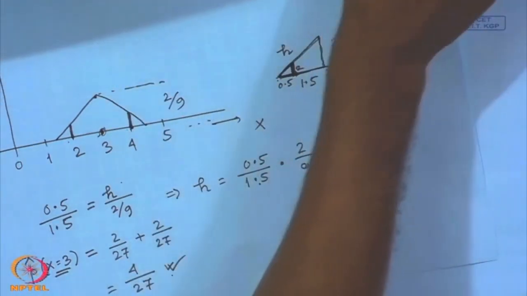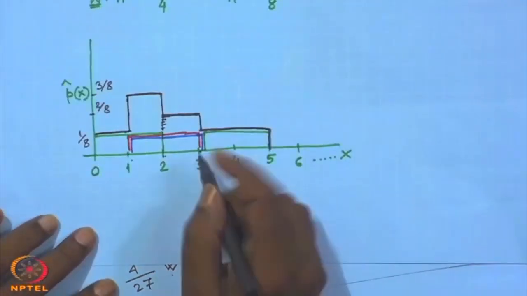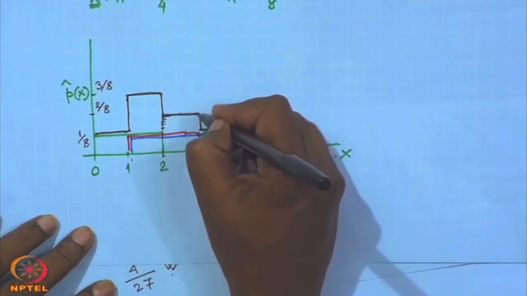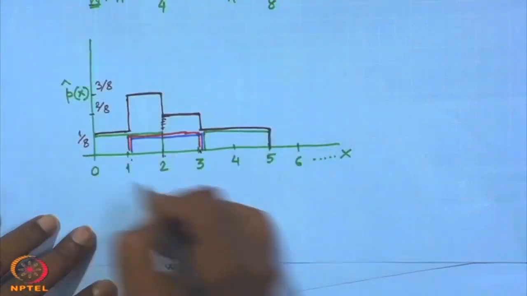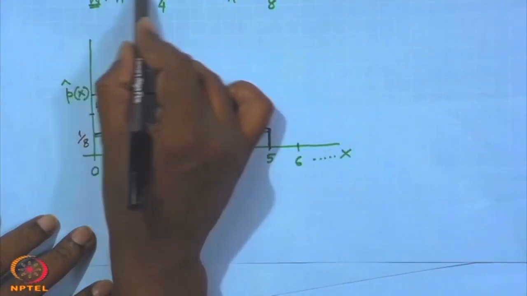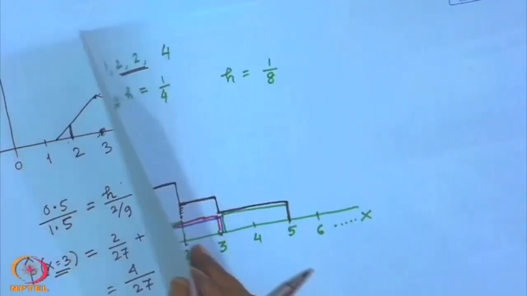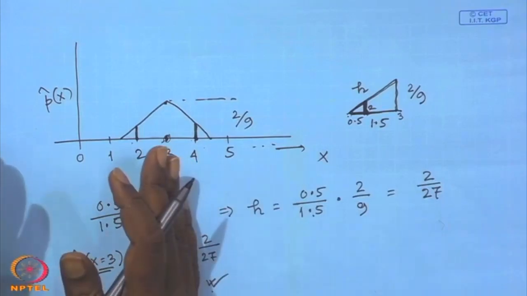If I use a rectangular window, assuming that I have two samples at location x equal to 2, the estimated probability density at location x equal to 3 is 2 by 8. So, whether I use a rectangular window or a triangular window, I can always estimate the probability density function at locations where samples are not originally present, and that is what is required for our application.